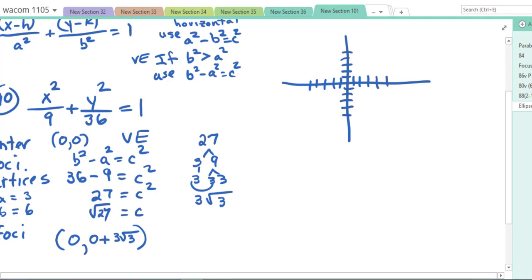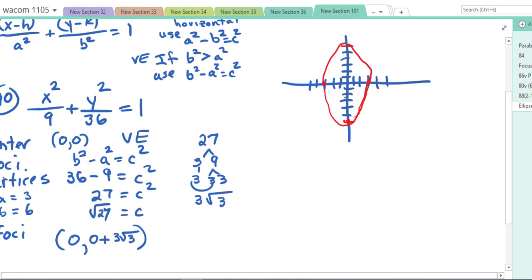Our a is 3, and a is horizontal, and -3, because we were at 0, 0, so 3 spaces each direction. The b is 6: 1, 2, 3, 4, 5, 6, and down 6: 1, 2, 3, 4, 5, 6 from the center. So this is what it looks like, and our foci are inside here.